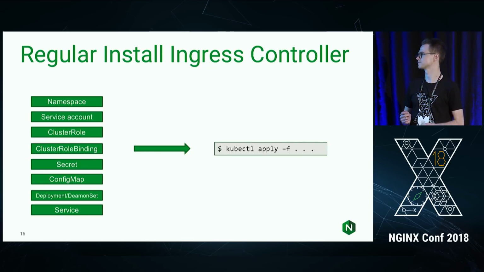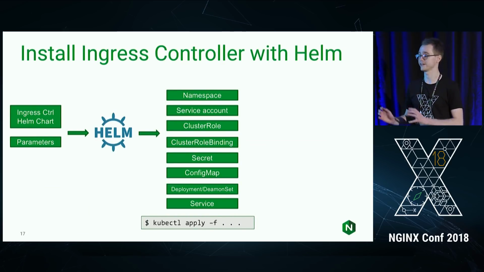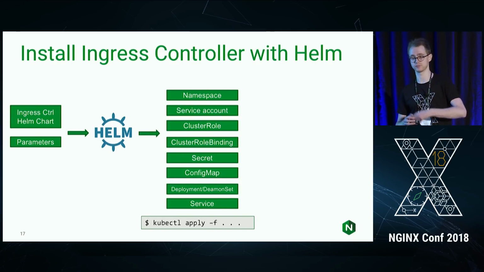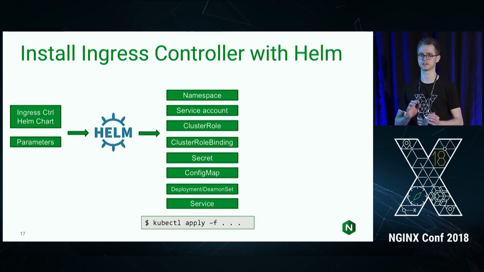However, a more convenient approach to customize the Ingress controller configuration is to use this awesome tool called Helm. In a simple way, Helm allows you to generate manifests based on some parameters. For Helm, any application is represented by a Helm chart, and you can generate a Kubernetes installation manifest based on the Helm chart. If you want a customized manifest, you apply parameters to the Helm chart, and this way you get customized manifests.